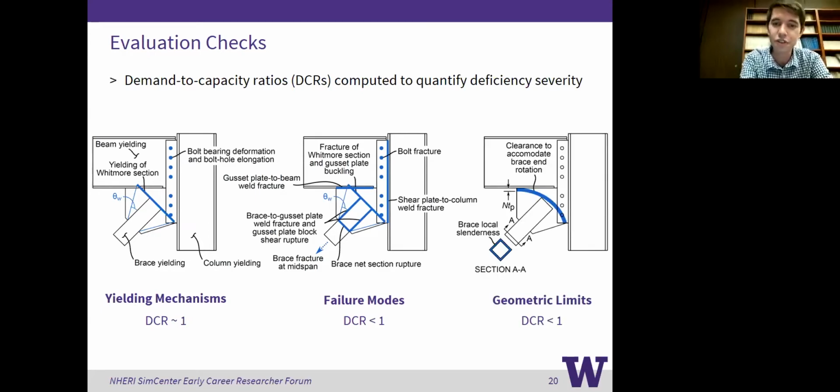The third constraint we want to look at is geometric limits, things like brace local slenderness that I mentioned before. If the brace is highly locally slender, then it's going to have a much lower fracture life, and that's going to hinder the seismic performance. And then we also want to look at the clearance to accommodate the end rotation of the gusset plate.